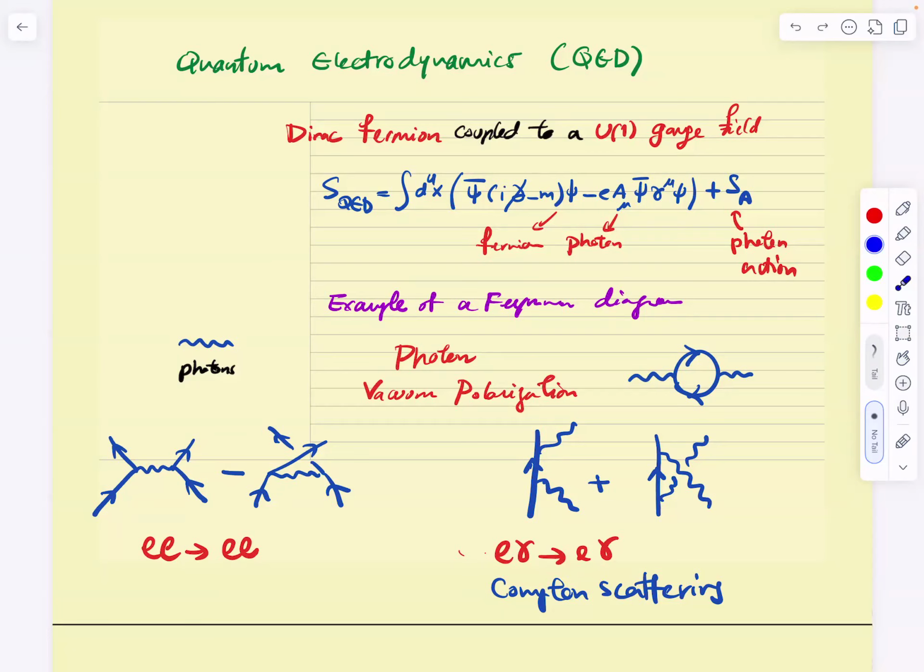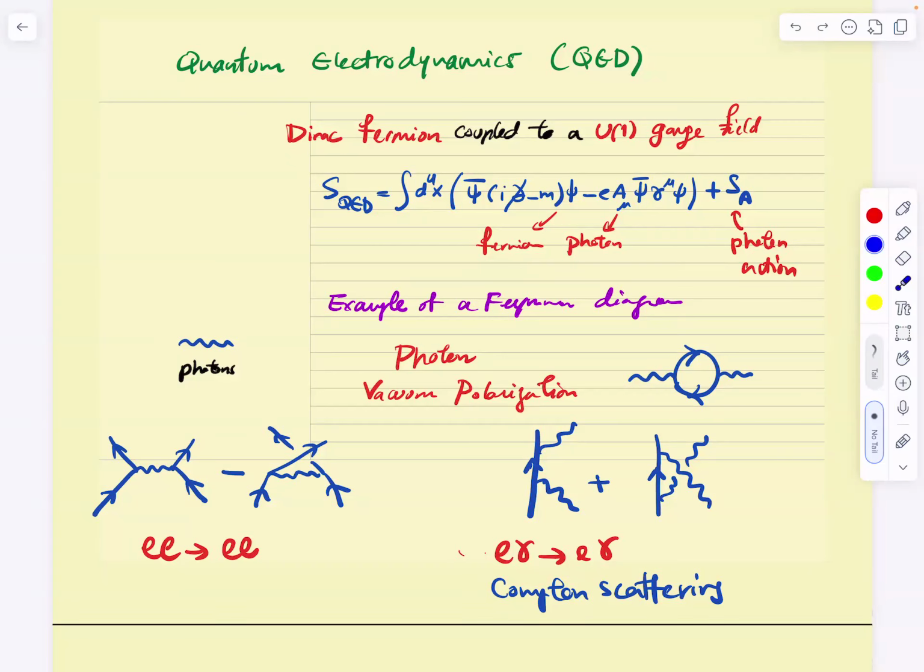What is the diagram? Right? And then the vertex will acquire a correction, so this is the vertex correction at one loop, right? This is the fermion mass. And then this was the vacuum polarization.